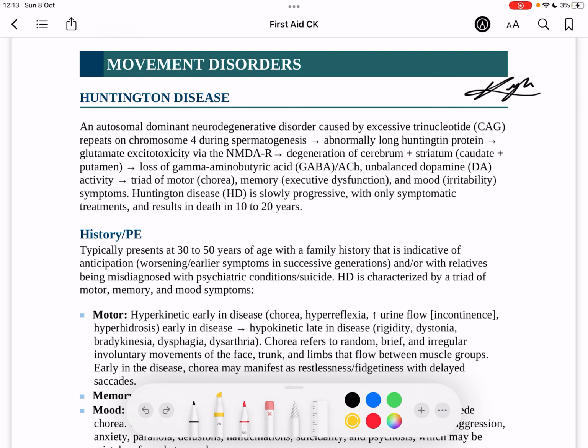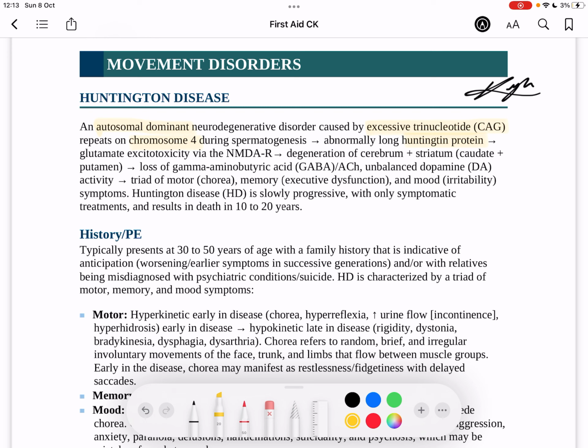Huntington's disease is an autosomal dominant degenerative disorder, and it's caused by the excess of the trinucleotide CAG repeat. The CAG repeat is found on the Huntington protein, on chromosome 4, and it expands during spermatogenesis.